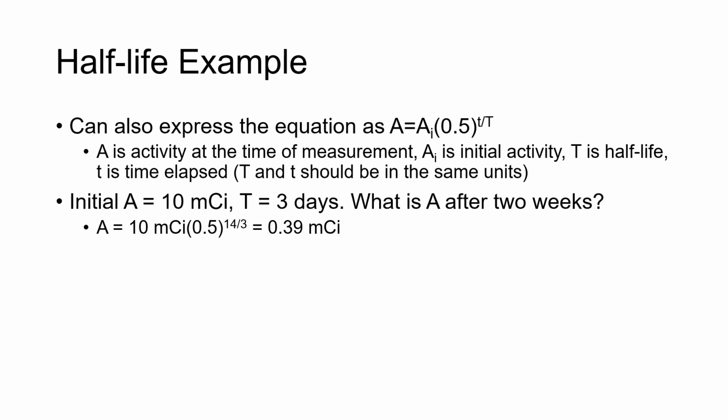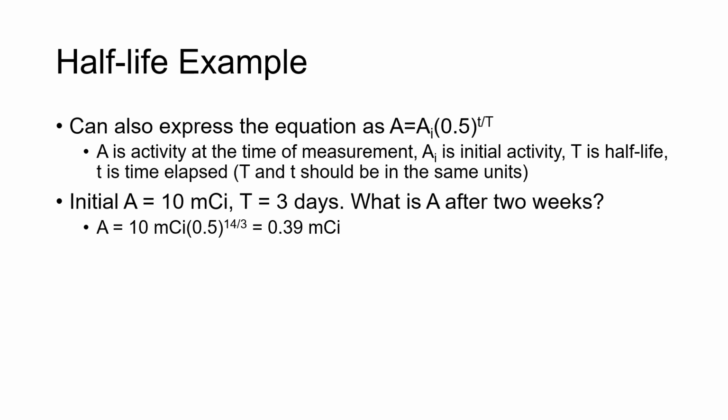A is activity at the time of measurement. A_I is the initial activity that you're starting with. Capital T is half-life, and lowercase t is the time elapsed. Both t's should be in the same units. So for example, if you have a half-life of 20 minutes and you're looking at how much activity is left after 2 hours, you would want to make sure that lowercase t is not 2 because your half-life is in minutes.